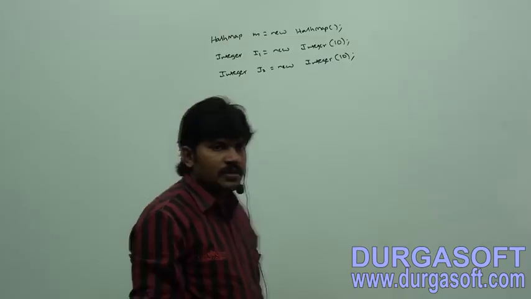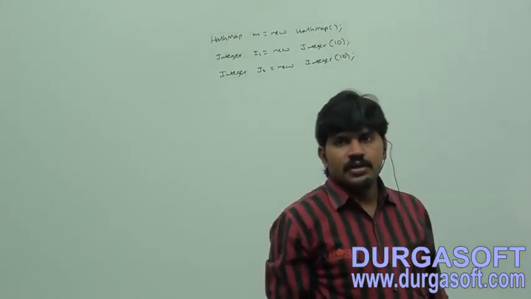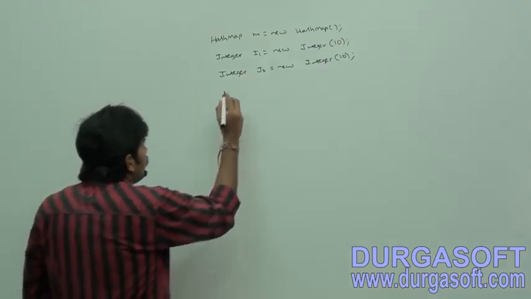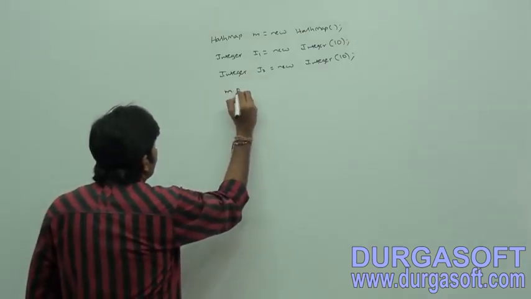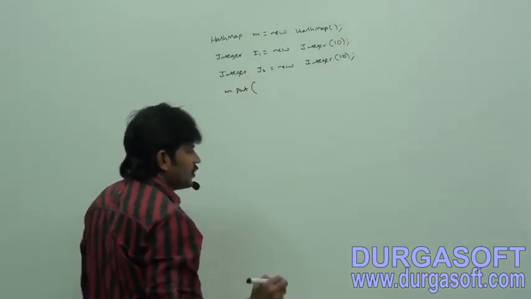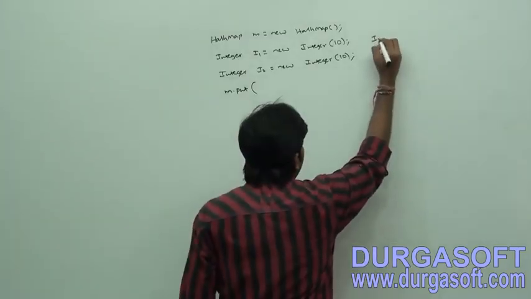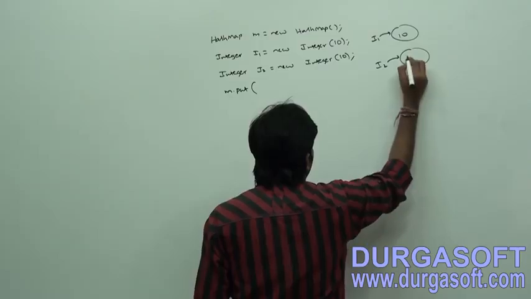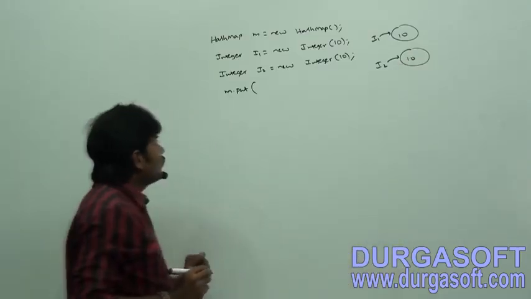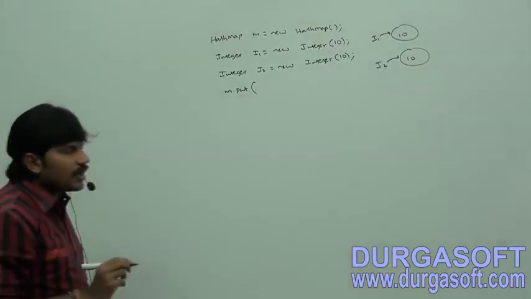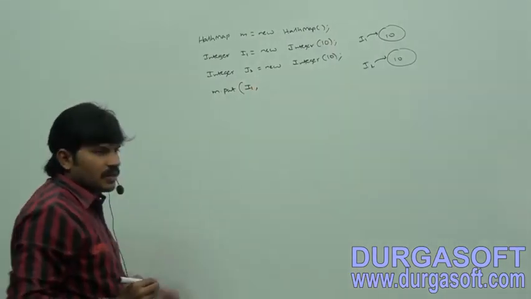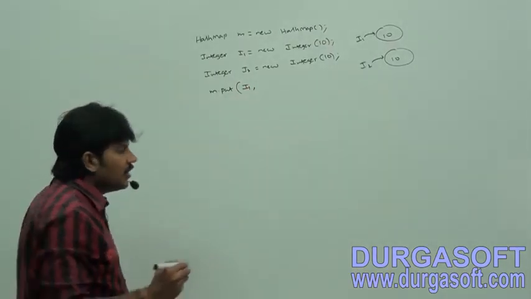Here, have you observed, I1 points to 10, I2 also points to 10 only. With m dot put, I want to add one key-value pair. I1 is the key. Correct or not? I1 itself is the key.